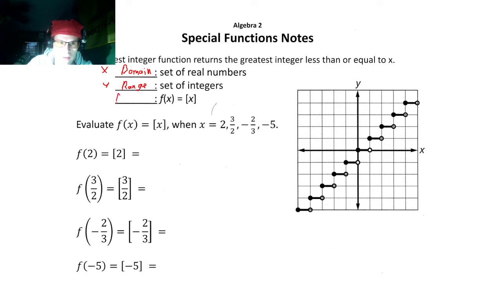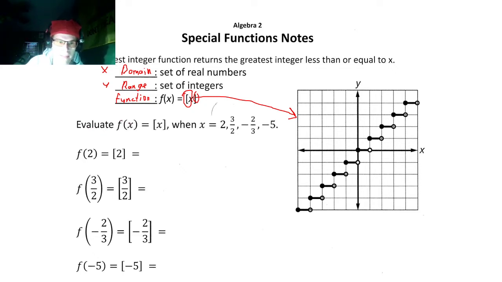This is the actual function itself, okay? And this is how the function will look if you were to graph it, all right? So these brackets here represent greatest integer, okay? Greatest integer.